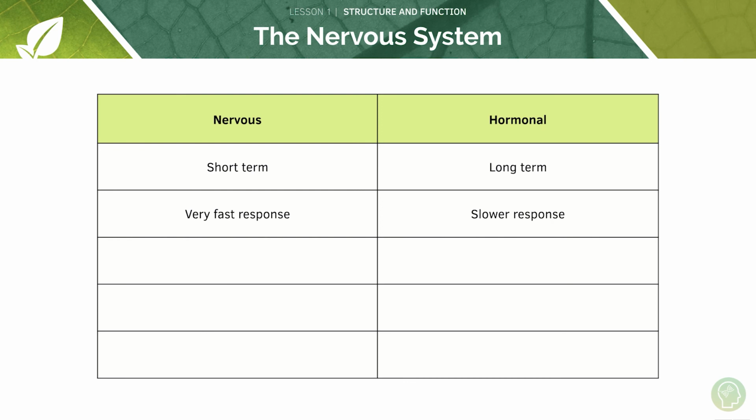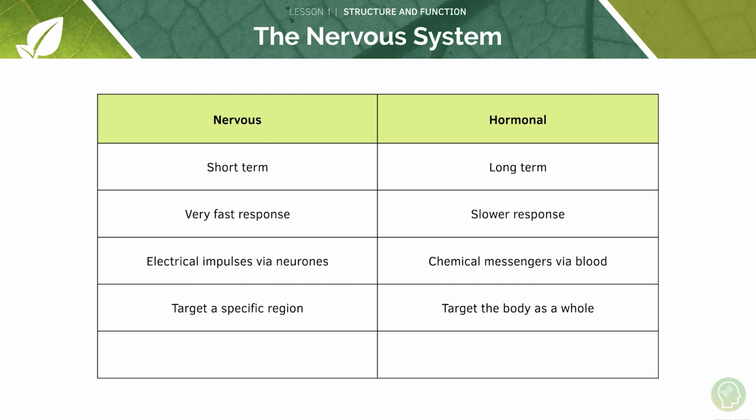Another difference is that the nervous system creates very fast responses, whereas the hormonal system contributes to a slower, gradually building response. So the nervous system communicates via electrical impulses via neurons, whereas the hormonal system uses chemical messengers that are secreted from glands, for example, and then travel around the body towards target organs via the blood.